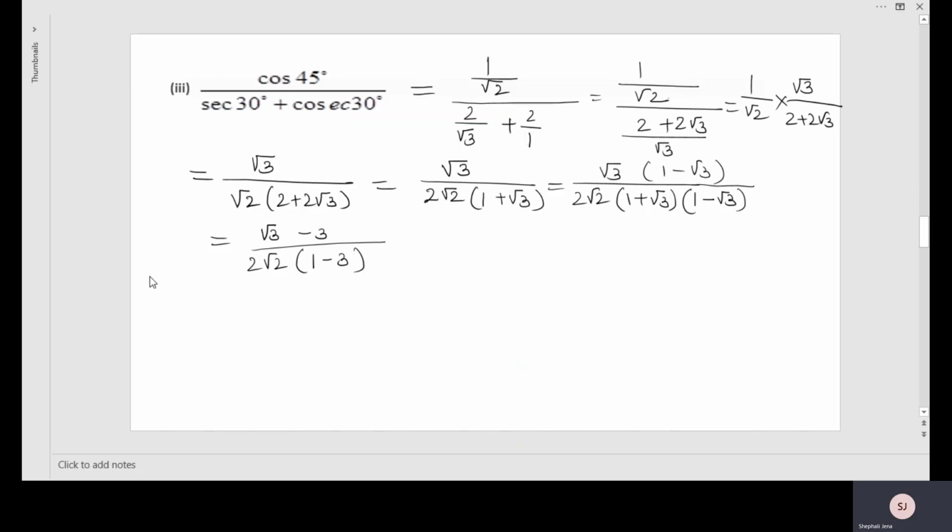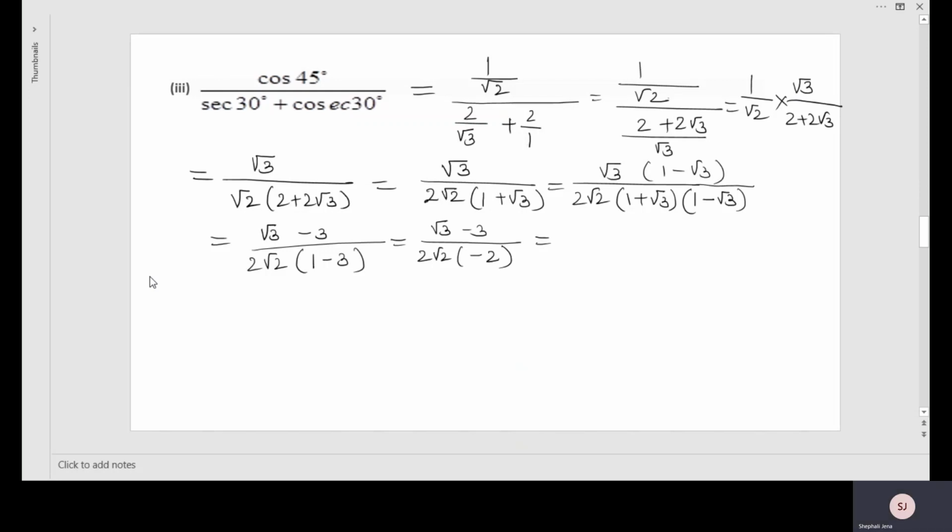Because of the formula (a plus b)(a minus b), you have to apply the identity. So 1 square minus root 3 square became 1 minus 3. Now this is root 3 minus 3 divided by 2 root 2 into minus 2, because 1 minus 3 is minus 2.